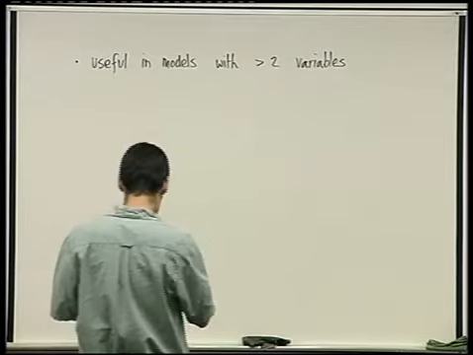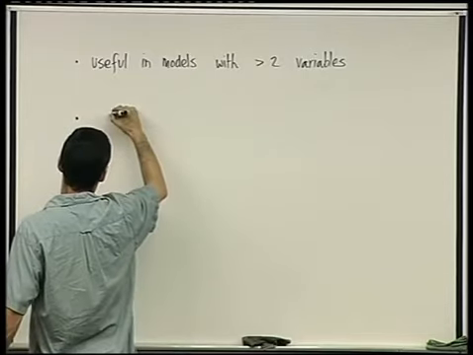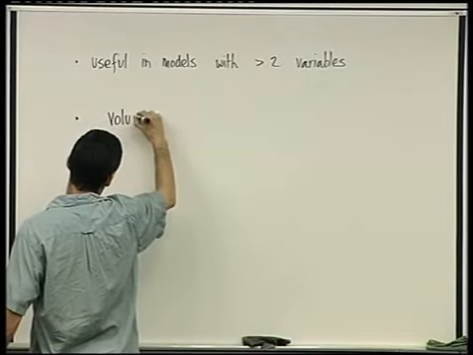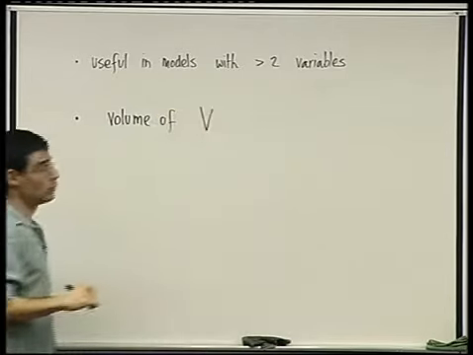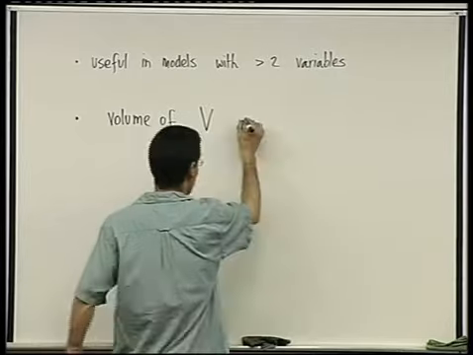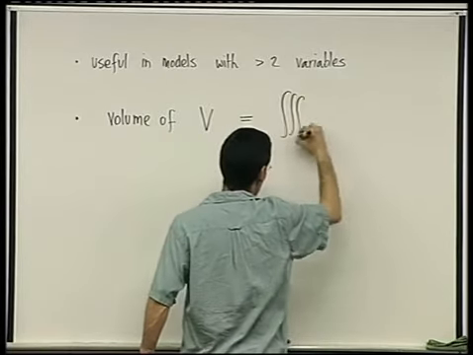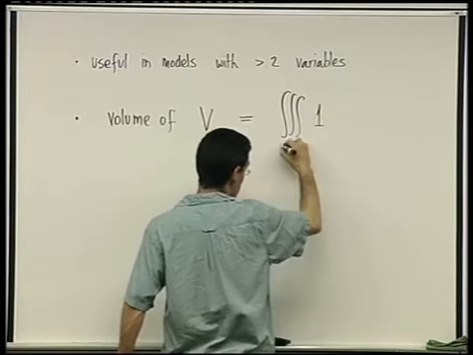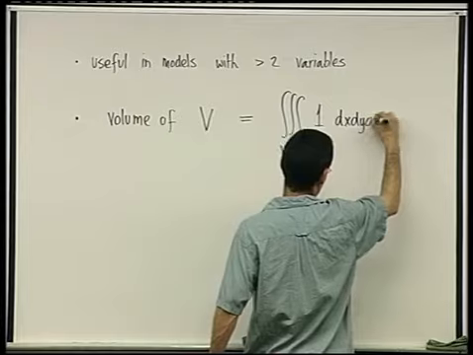One remark maybe is that the volume of a 3-dimensional domain V equals, tell me if you agree, the triple integral over V of the function 1 dx dy dz.